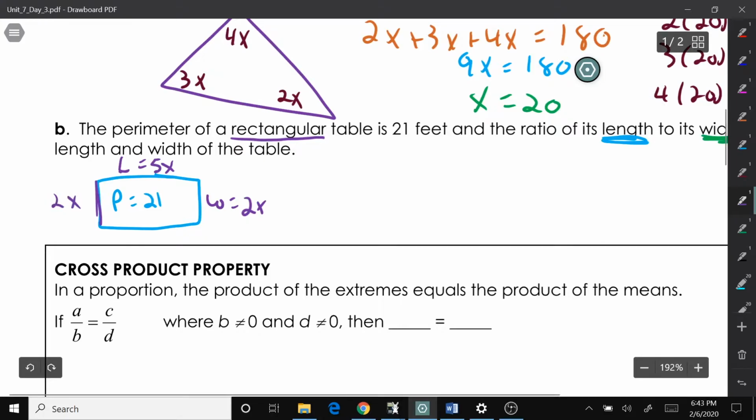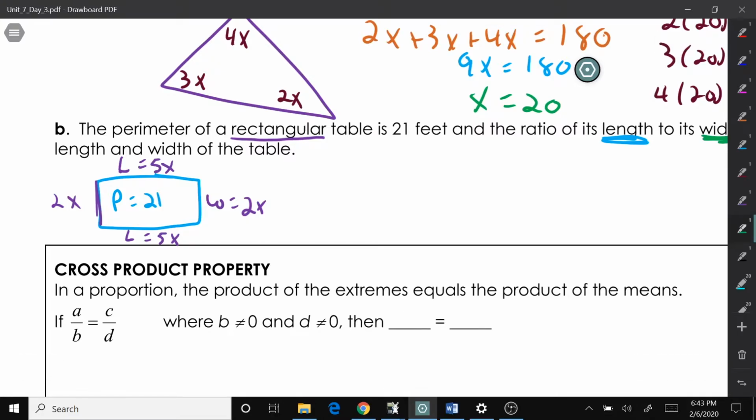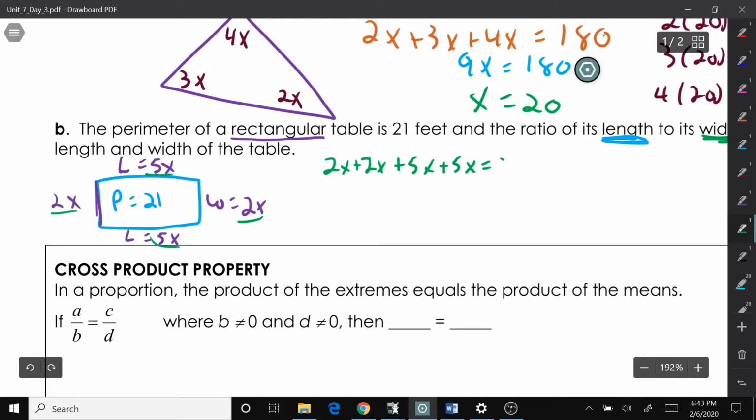And we know the length down here is also 5x. And we know the perimeter is 21. So these four values need to add up to 21. So 2x plus 2x plus 5x plus 5x equals 21.